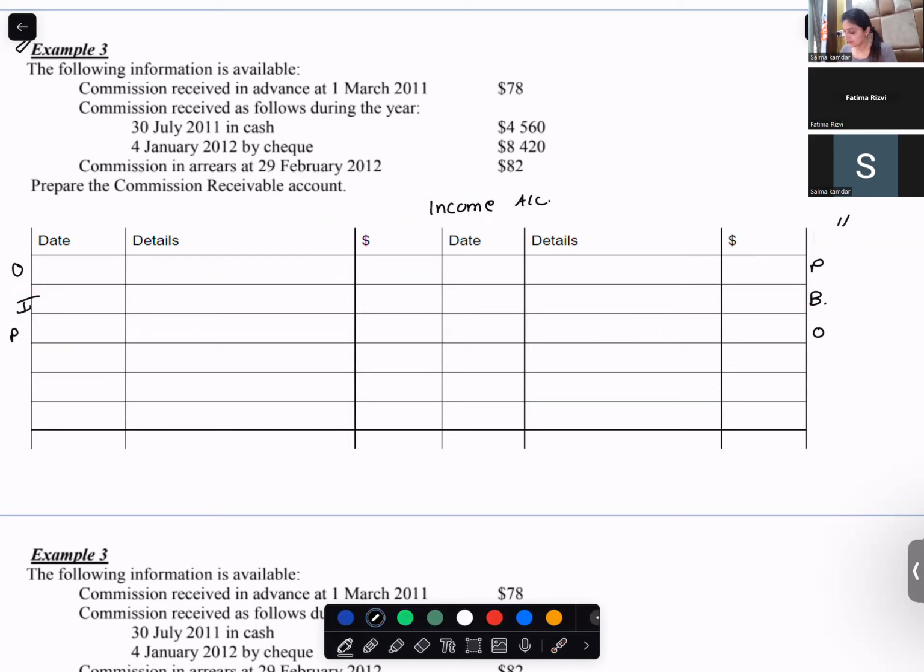Tell me what is the first date? 1st March 2011. What is the last date? 29 February 2012. What is this?